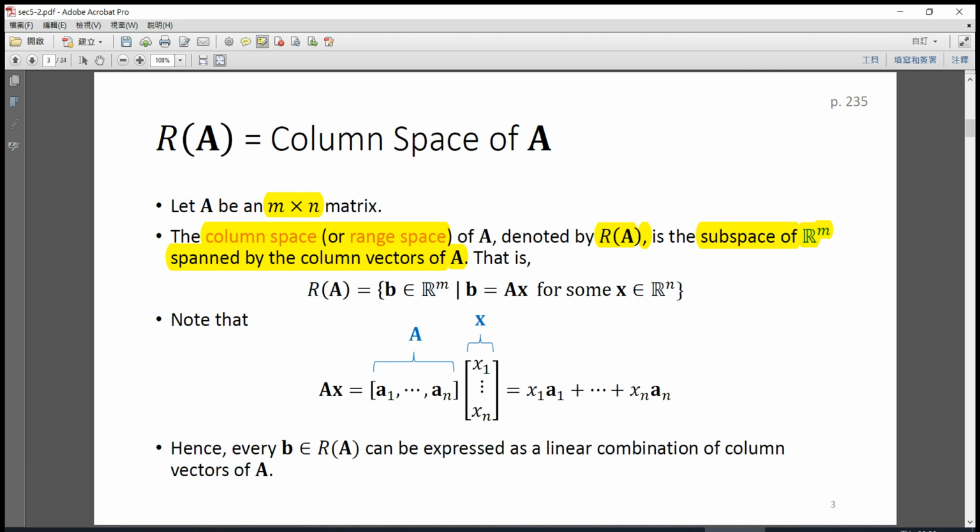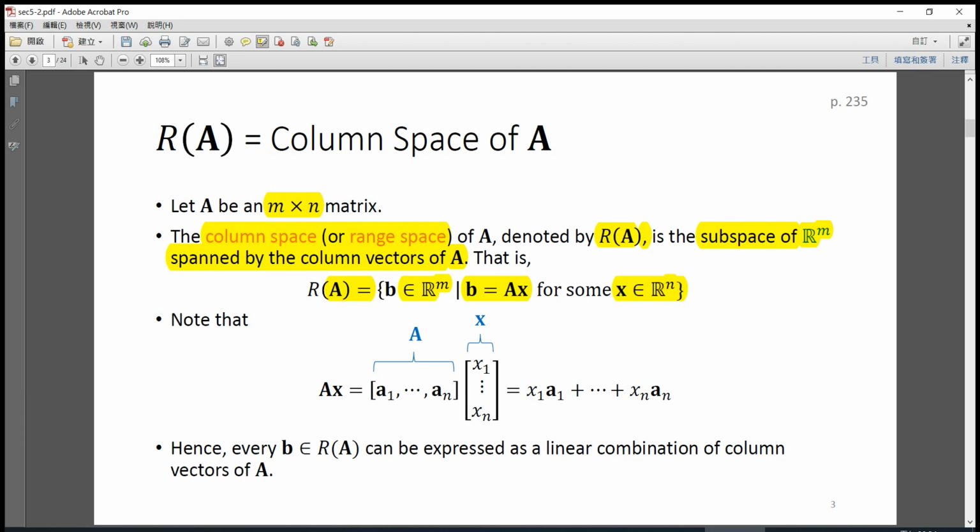We can use mathematical language to give a precise definition of R(A). R(A) is the set of vectors b in R^m such that b can be written as Ax for some x in R^n.